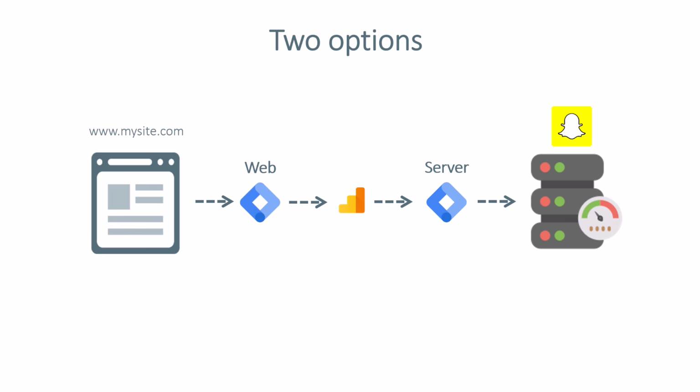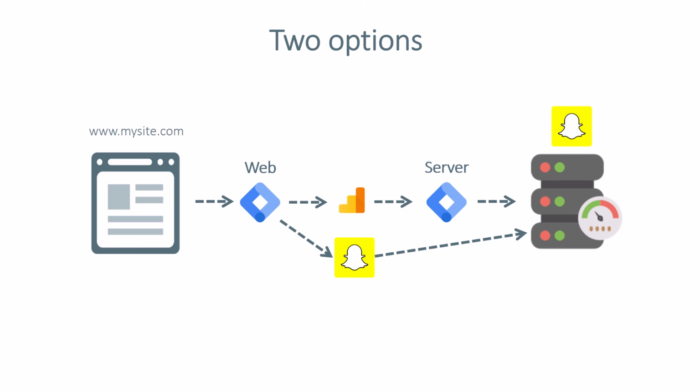But just like many other ad platforms, they recommend that you would also implement a pixel in the browser. So in this case, you would be sending data to your server and from the server to Snapchat, but also you would have Snapchat's pixel running in the browser and sending the same data to Snapchat.